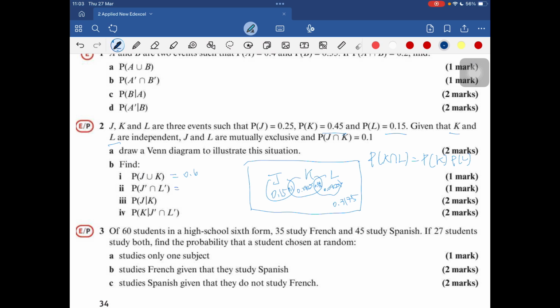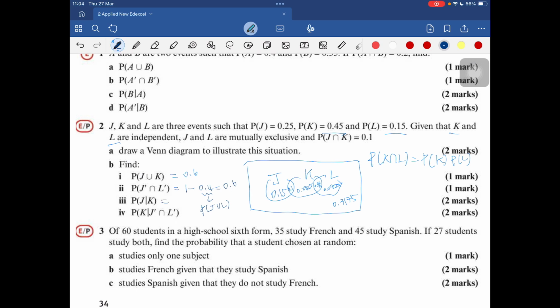What I'm saying is it is out of J or L. Since J and L are mutually exclusive, J or L is 0.4. So this is 1 minus 0.4, the probability of J or L, so this is 0.6.